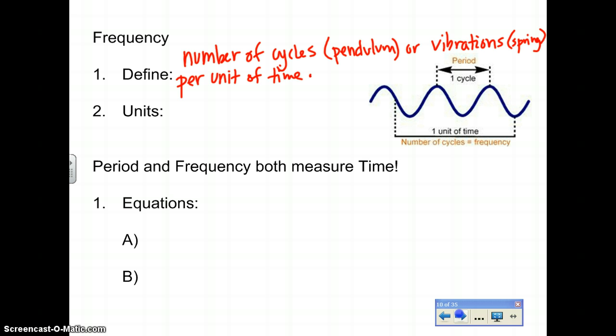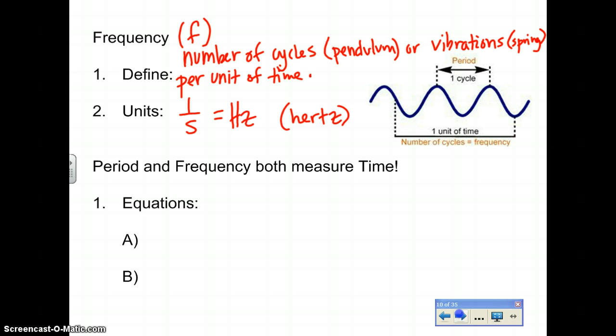Okay, so the unit should make sense. Number of cycles per unit of time, so it's going to be 1 over s. What we call a 1 over s, a hertz. Okay, that's what a hertz stands for. 1 over s is a hertz. Frequency's variable is a lowercase f. Okay, frequency is lowercase f.